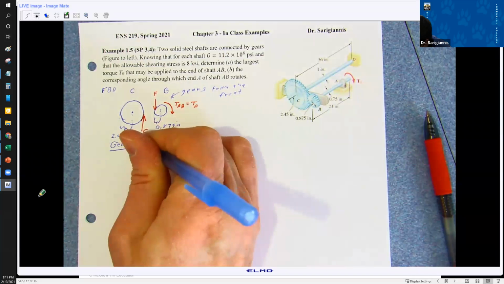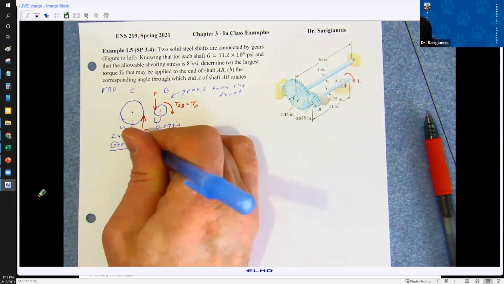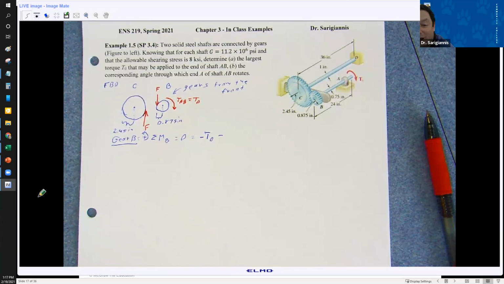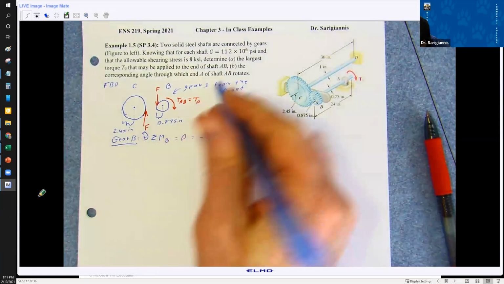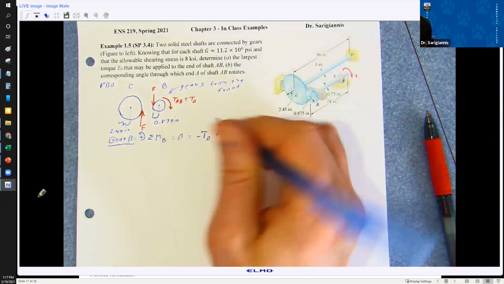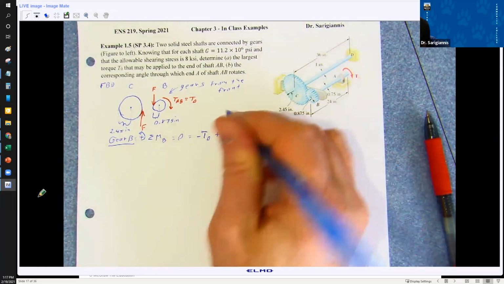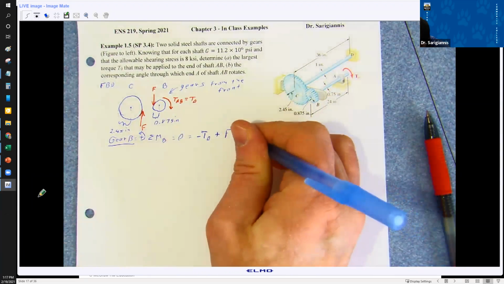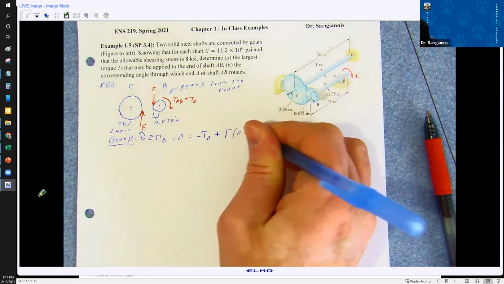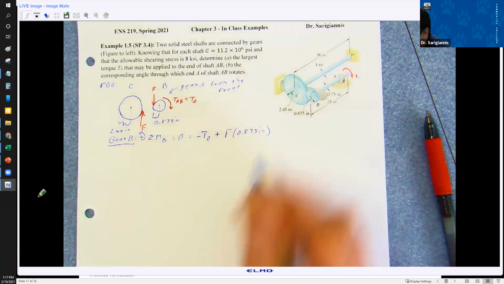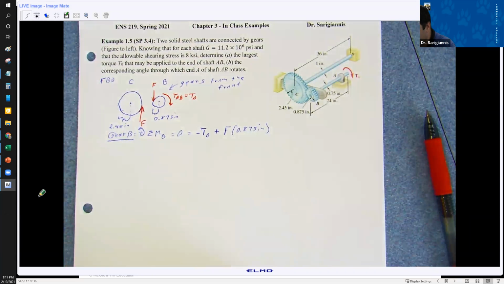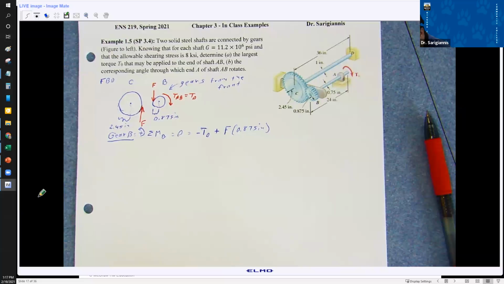Sum of the moments counterclockwise is positive. And I've got a force, F, that generates a counterclockwise moment. And that distance is 0.875 inches from the center of the gear. So this is for gear B.